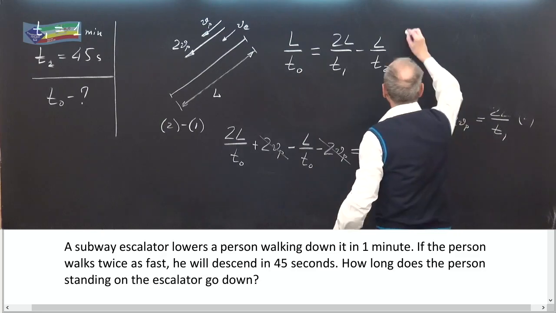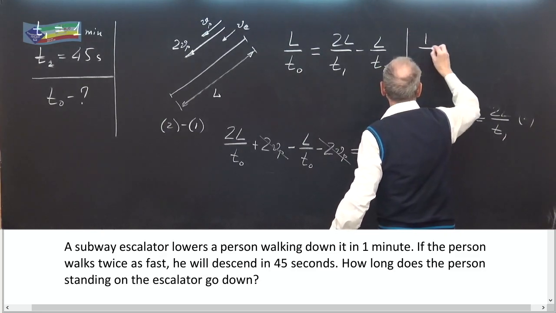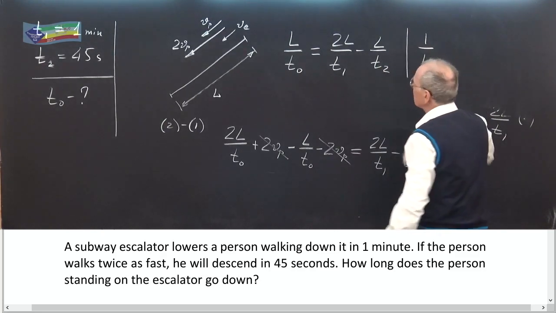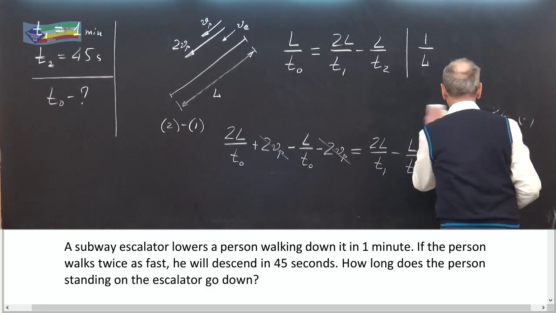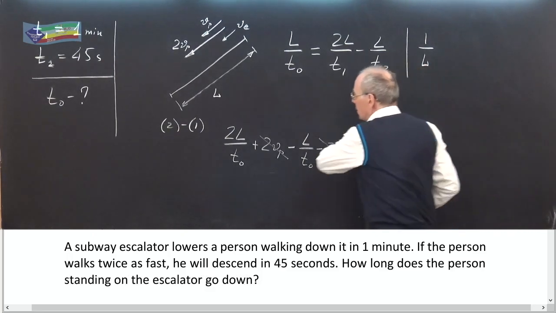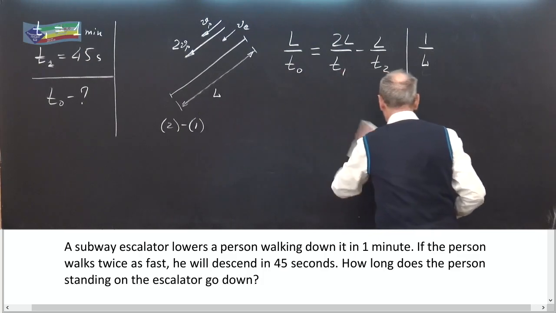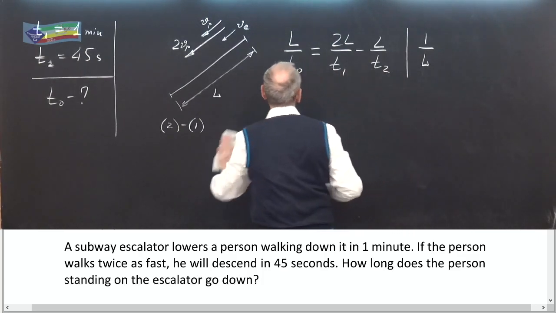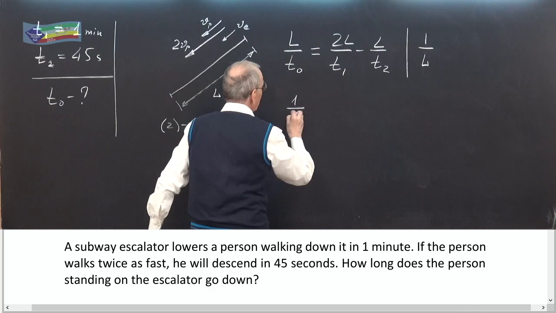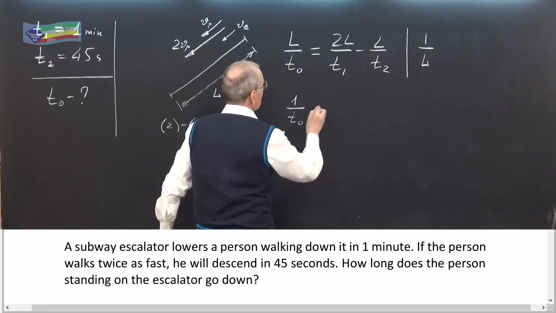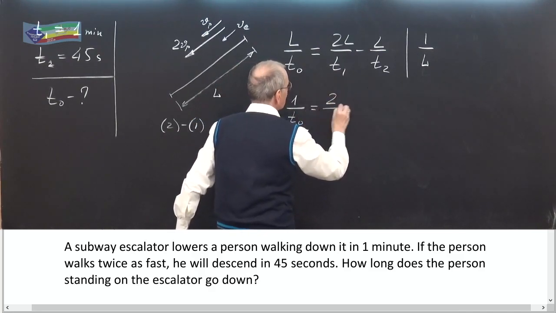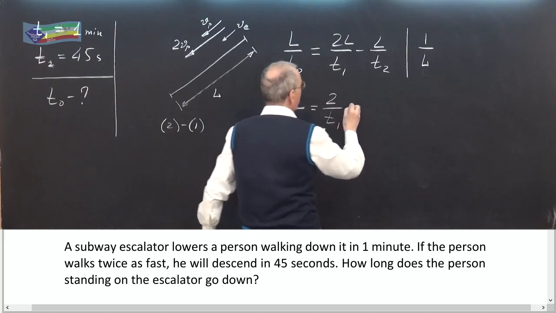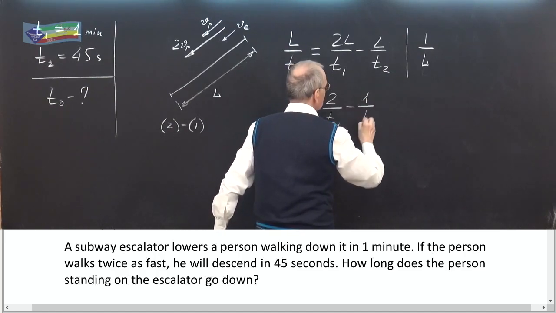So we can divide this equation by L. Hence, we can write unit over T0 equals 2 divided by T1 minus 1 divided by T2.